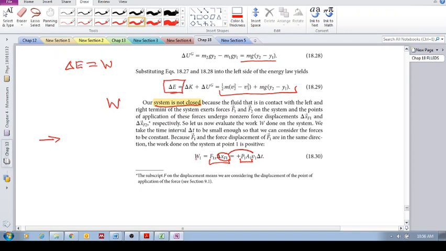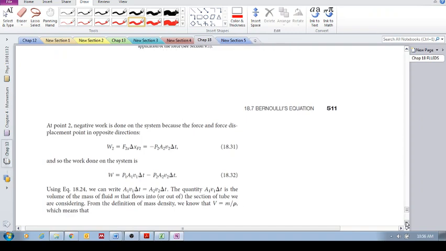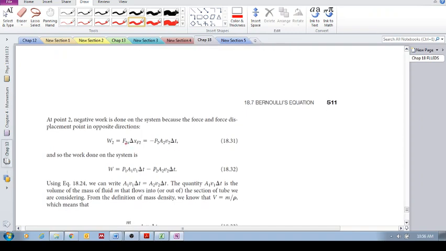So your work is pressure, area, speed, delta t. So that's work 1. Work 2 is similar. It is pressure, area, speed, delta t, but it's negative because it's in the opposite direction. So the total work done on the system is this.